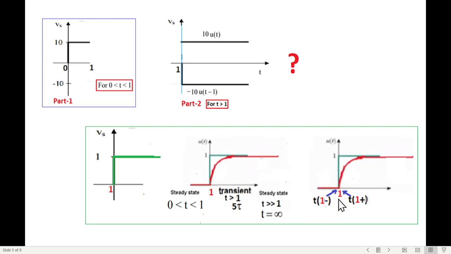And the 0 point will now be 1, and it will be t equal to 1 minus and t equal to 1 plus. Also, the start point we will call t minus 1 is equal to 0. This is how much it has shifted. t minus 1 is equal to 0. If you calculate from here, then t will be 1, which is here.